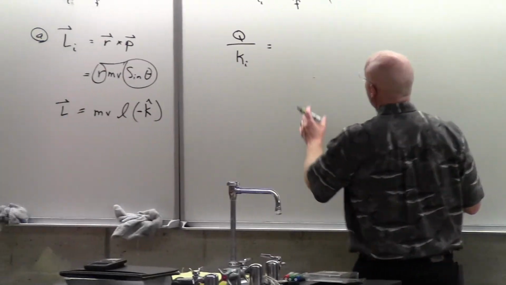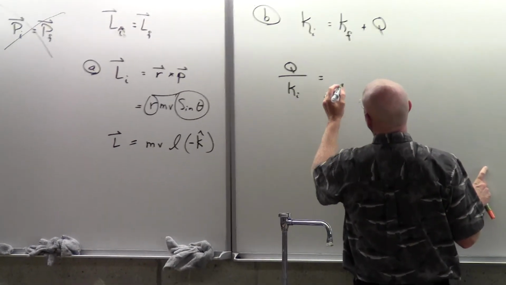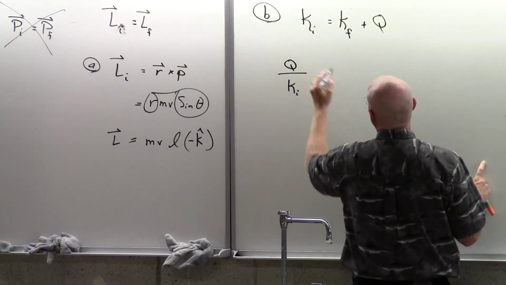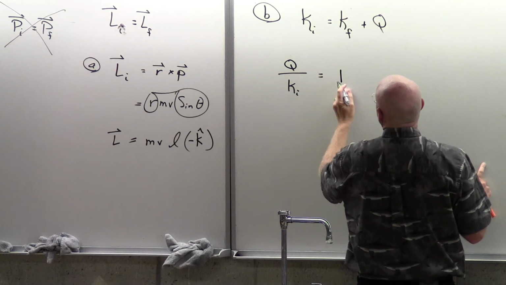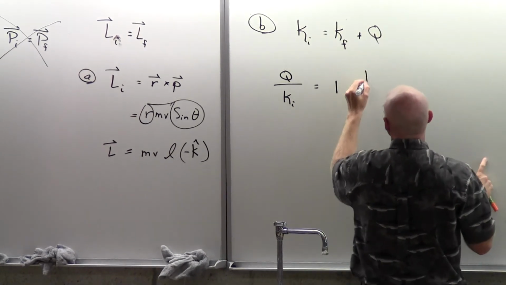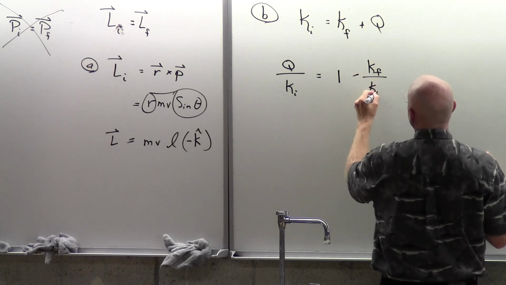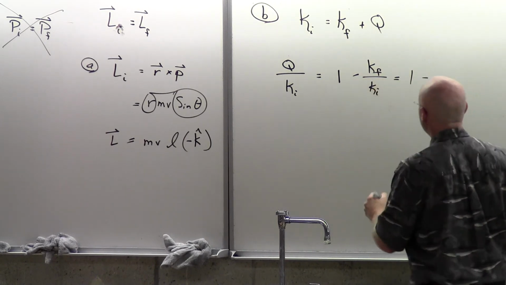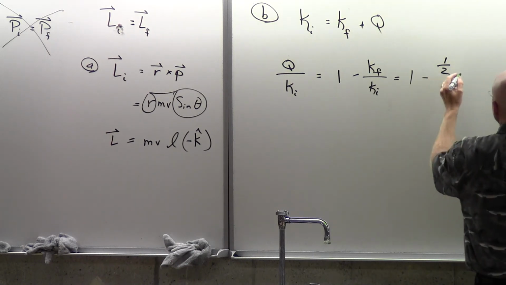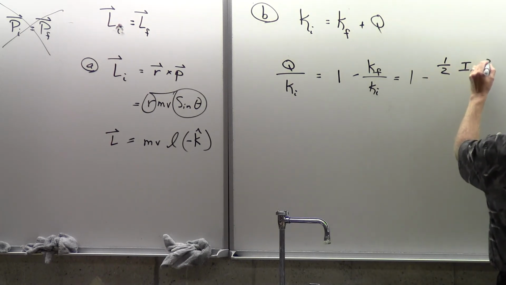And so that would come out to be, if I multiply everything by K initial, 1 minus K final over K initial. And K final would be 1/2 I omega squared.